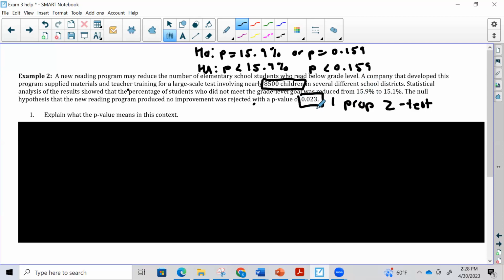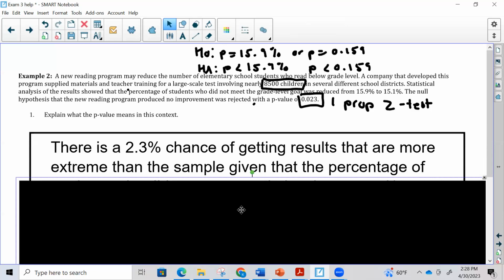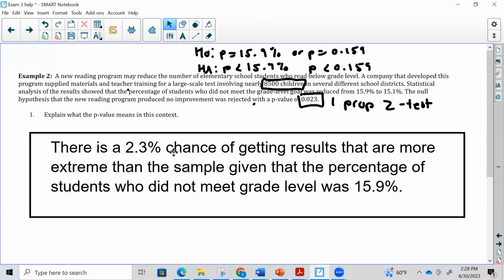So this would be the probability of it being reduced, again, given that the initial proportion is 15.9%. So one way to write it is there's a 2.3% chance of getting results that are more extreme than the sample, given that the percentage of students who did not meet grade level was 15.9%. And so this is another way of interpreting that p-value.